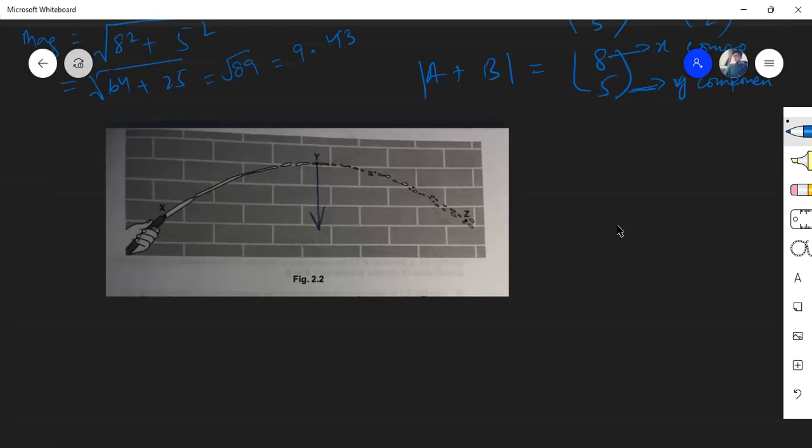The first thing they're asking is to describe the horizontal component from x to z of the water that comes out from the water jet.